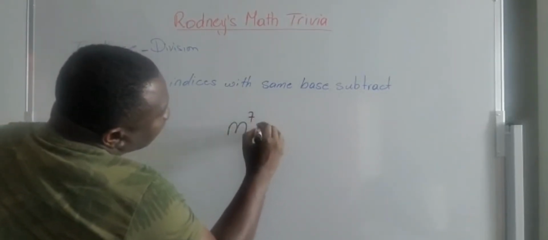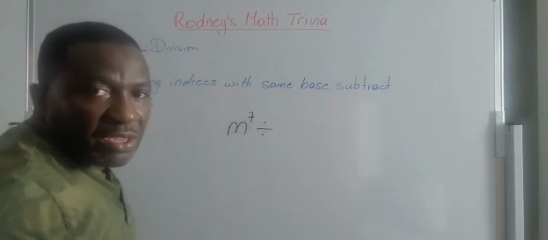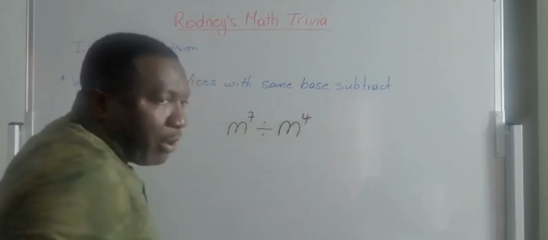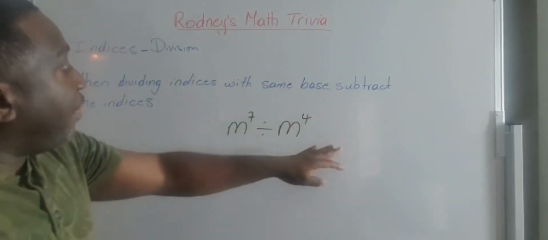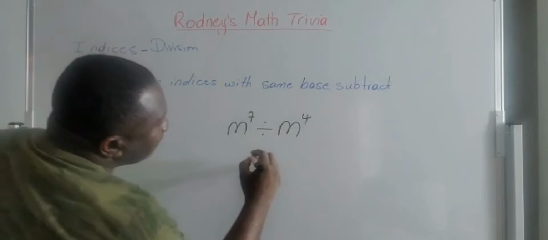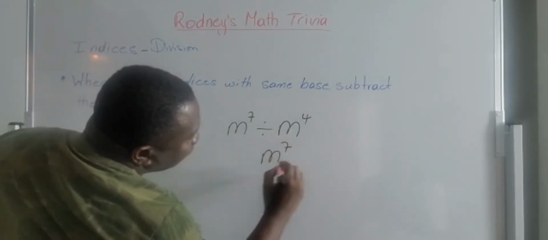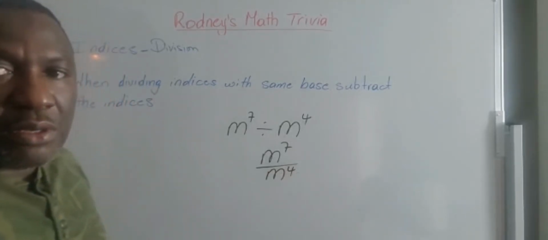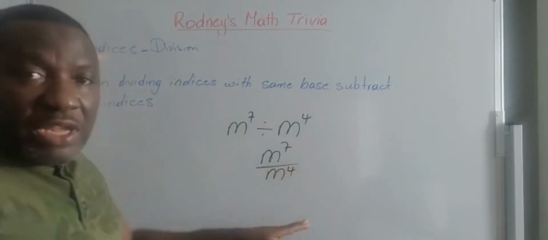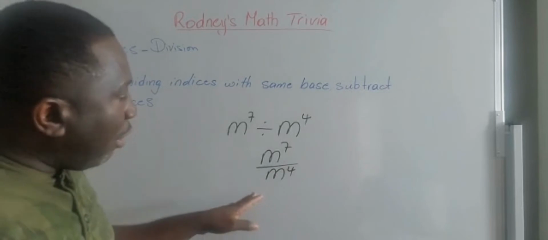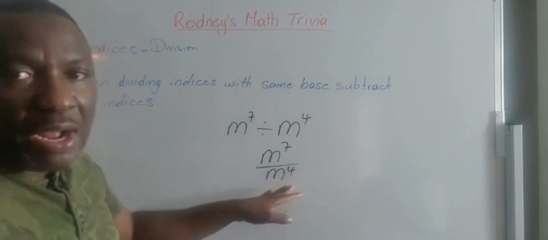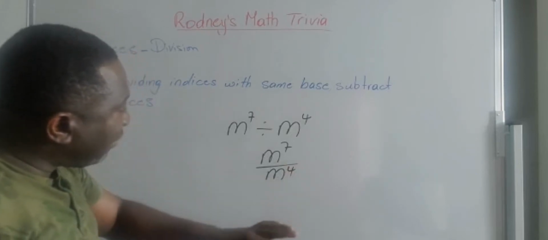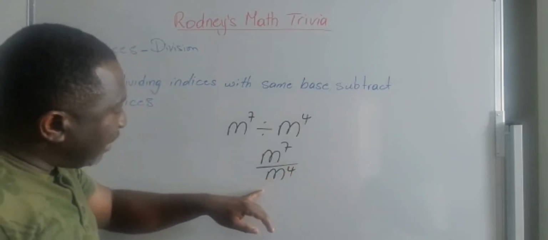m to the 7th is being divided by m to the 4th power. Remember, this same problem could have been written as m to the 7th over m to the 4th. The rule is we are to subtract the indices once we identify our bases to be the same.